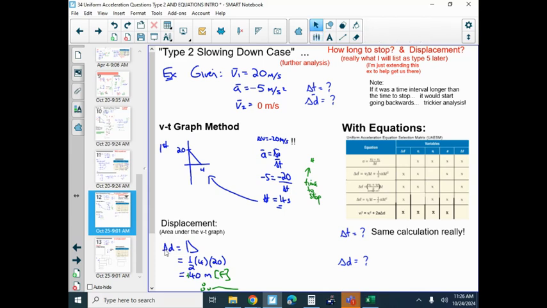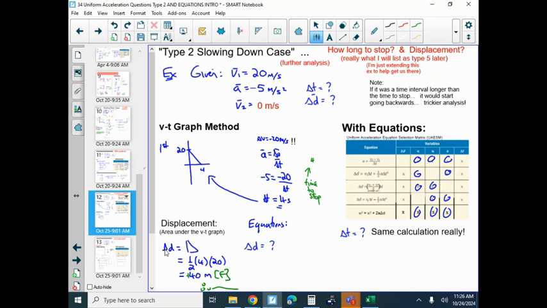If we're doing the equation work, right? So this is from the equations. Then what would we pick out? I suspect it's probably that same one we used last time, right? So we have V1, and we have acceleration, and we have V2, and we want displacement.